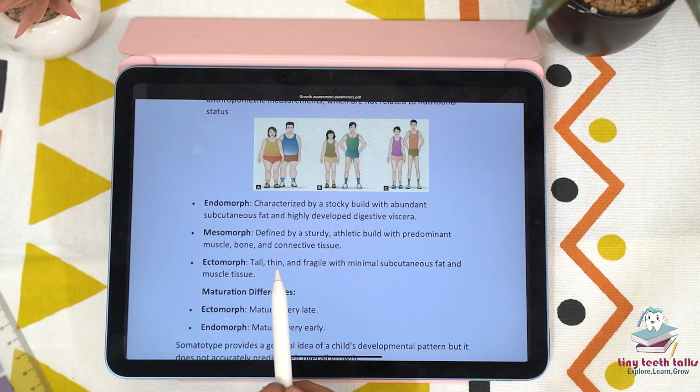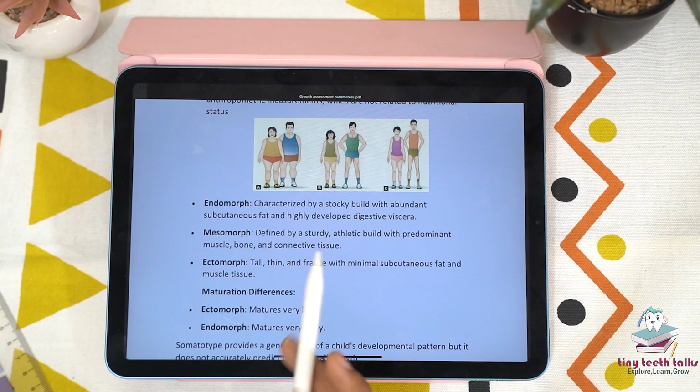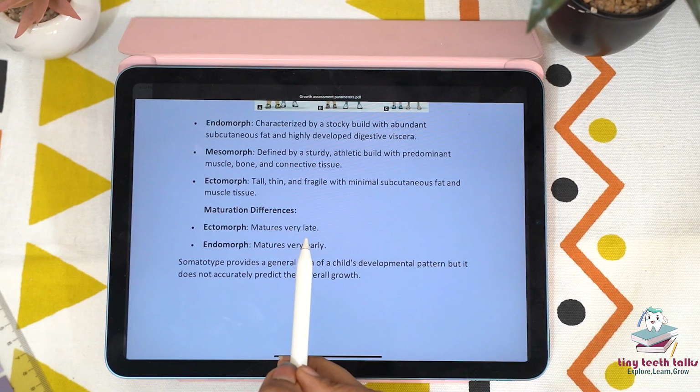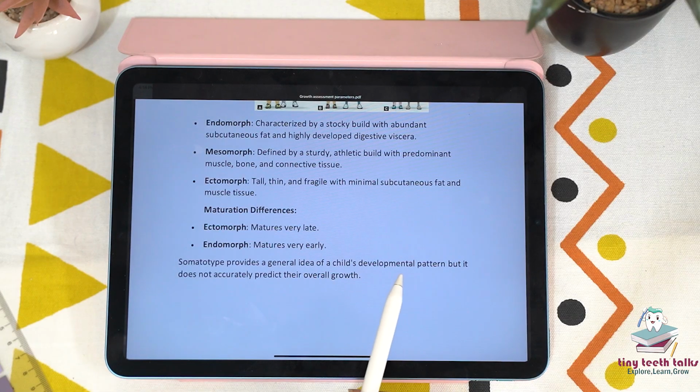Ectomorph is tall, thin, fragile, with minimal subcutaneous fat and muscle tissue. The maturation difference: ectomorphs mature very late, and endomorphs mature very early. So somatotype provides a general idea of the child's developmental pattern, but it does not accurately predict their overall growth.